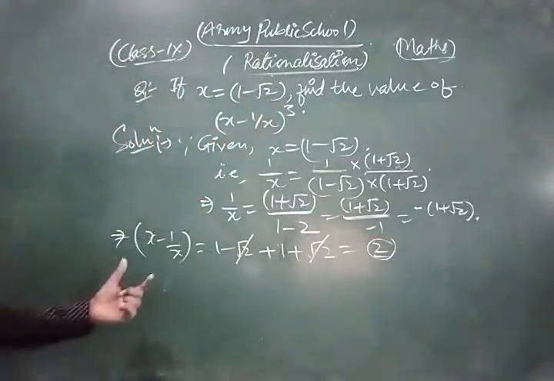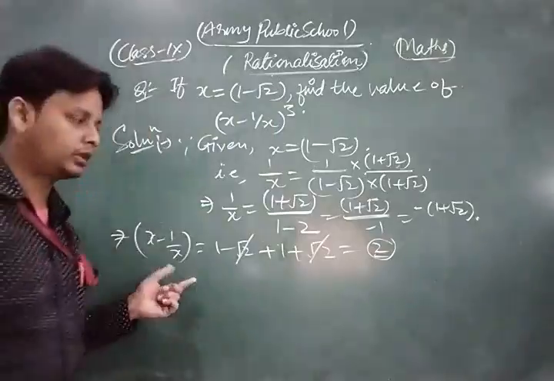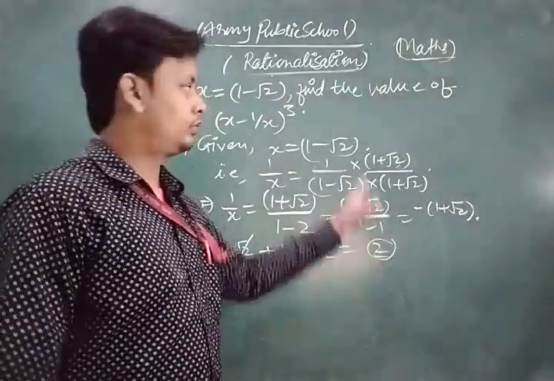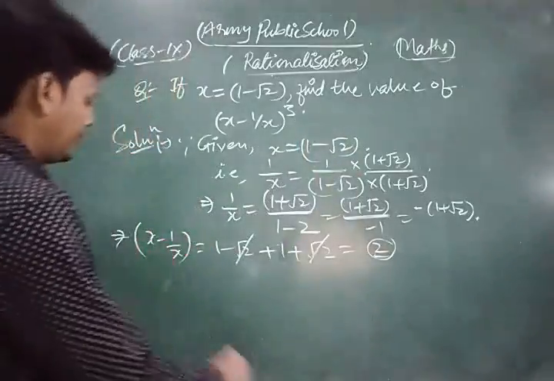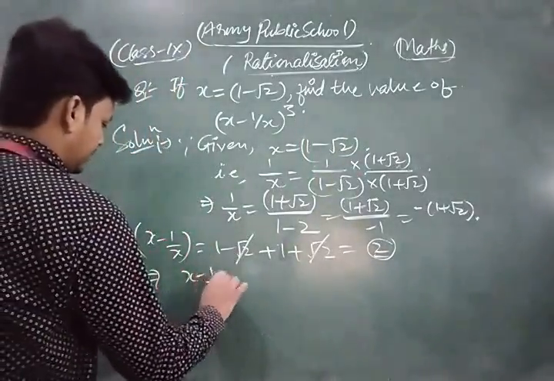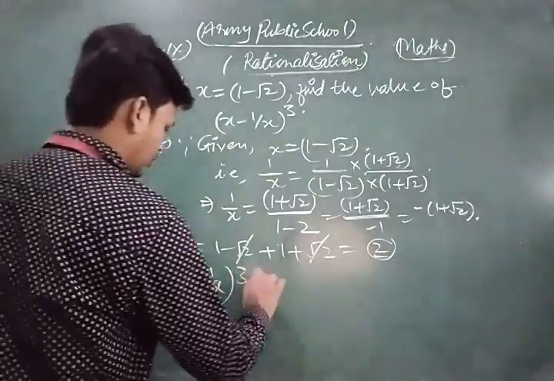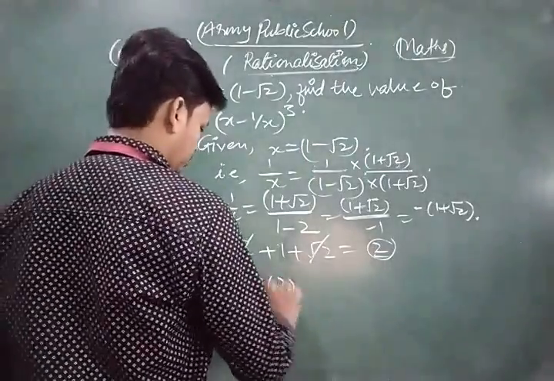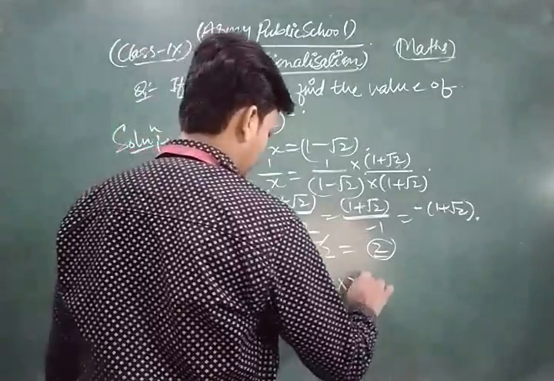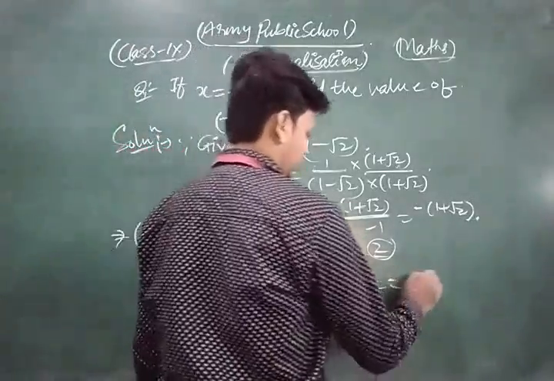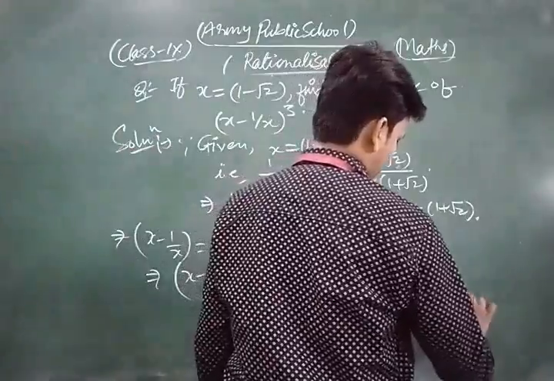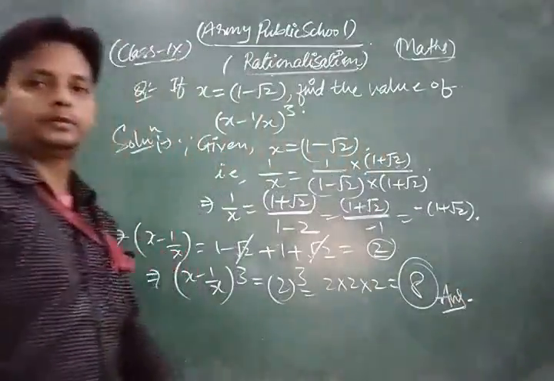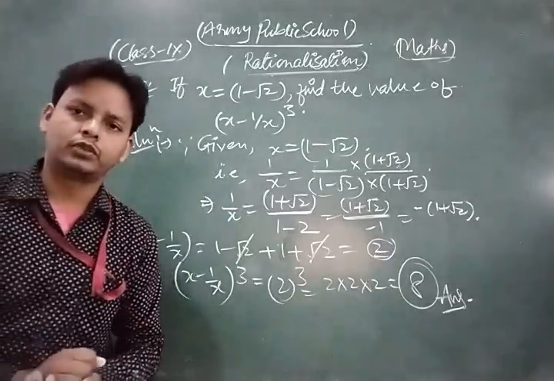So in this way the value of x minus 1 upon x is what? 2. Now we find their cube. So x minus 1 upon x whole cube is equal to 2 cube, means 2 into 2 into 2. This is 8. This is the required solution of the given questions.